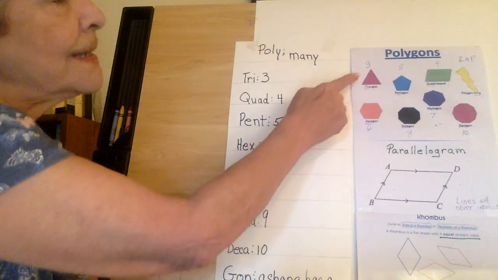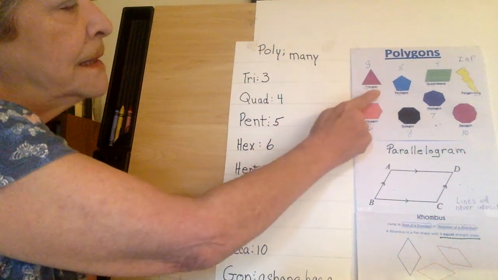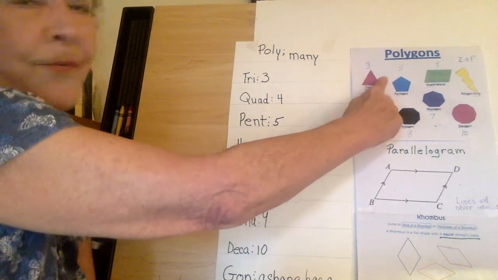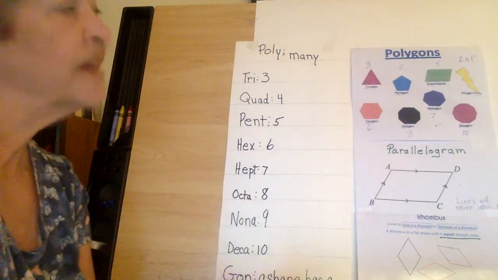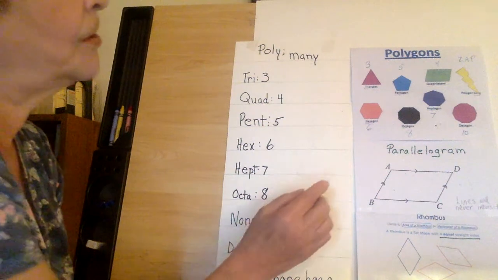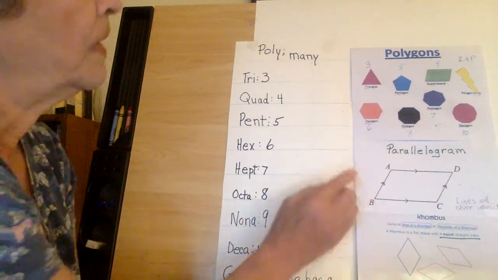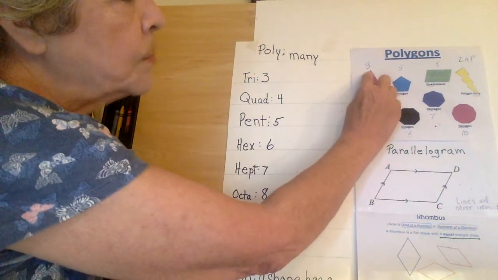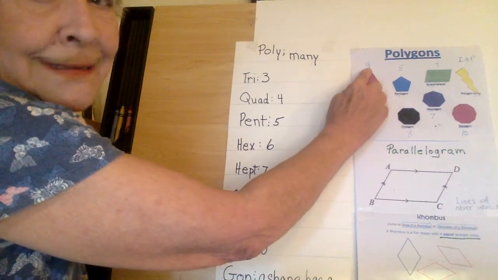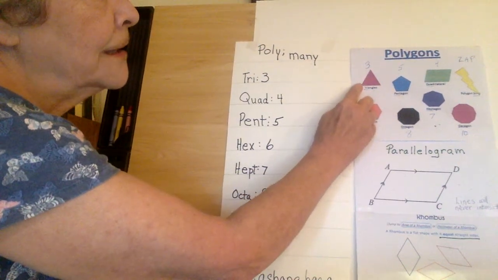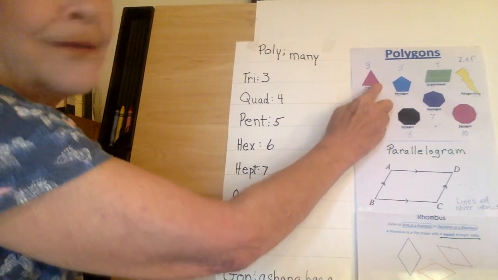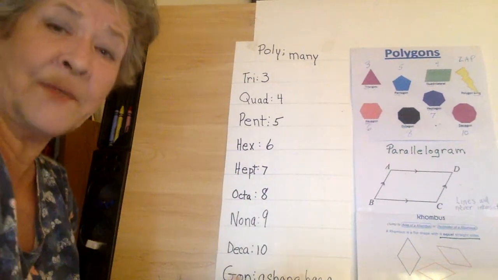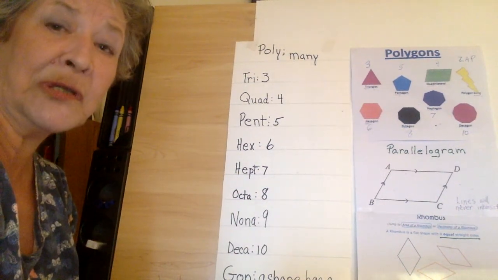Let's count the triangle sides. 1, 2, 3. Tri, 3. Now, if we look at the angles, we have 1 angle here, 1 angle here, and 1 angle here. We have 3 sides and we have 3 angles.